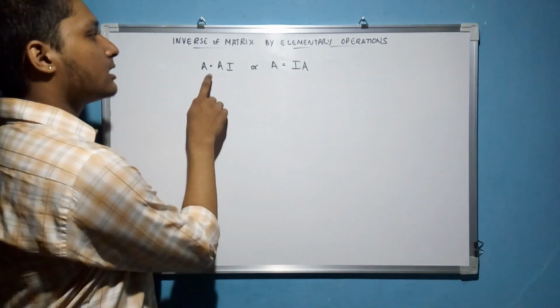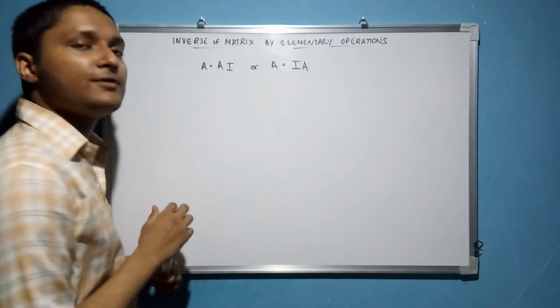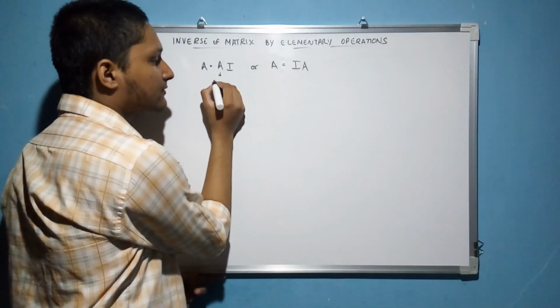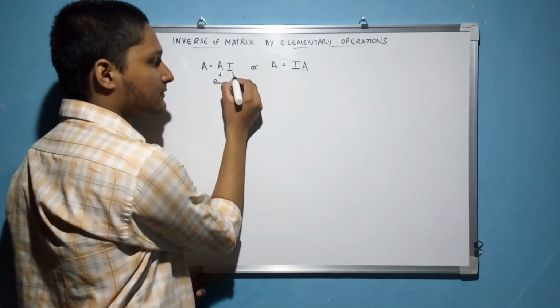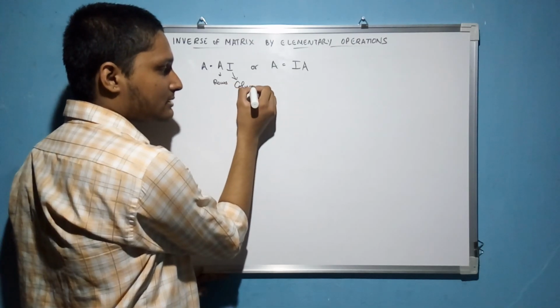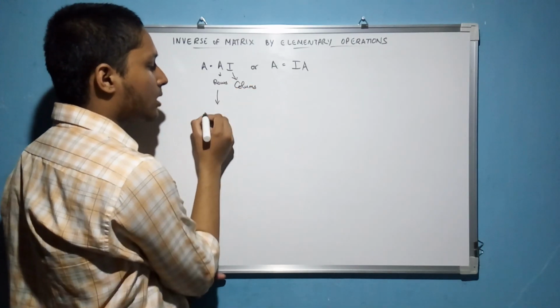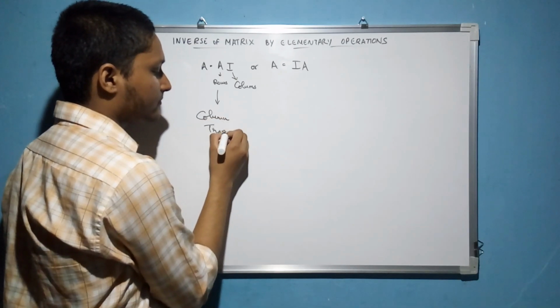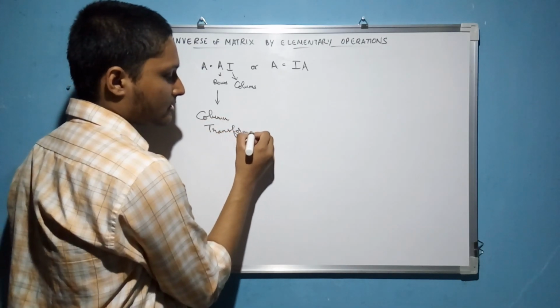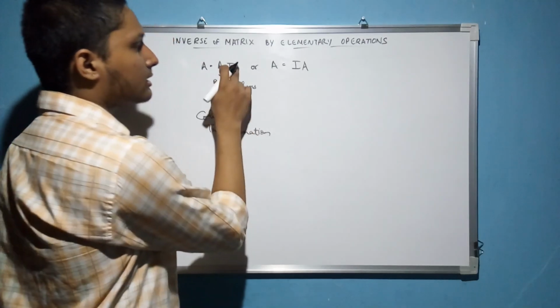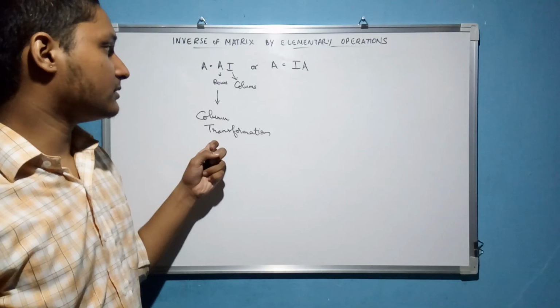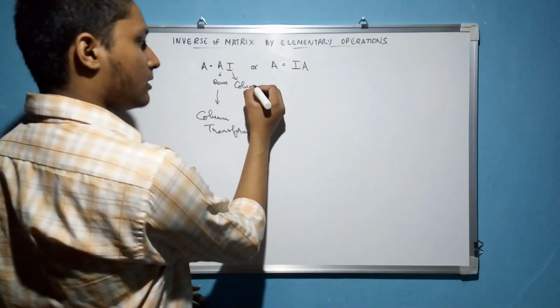These two are different. When you use matrix multiplication, you consider the rows of this and the columns of this. So this is about column transformation, because here you have the identity matrix I that is going to have the columns.